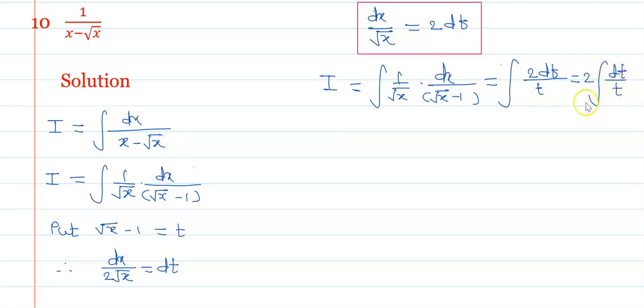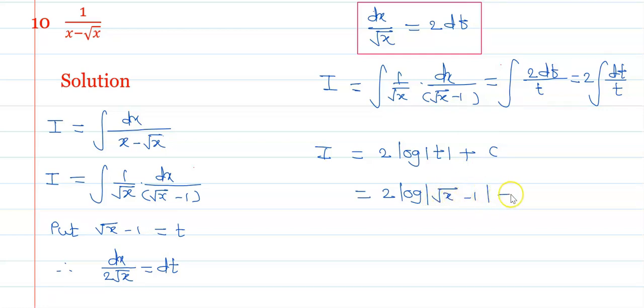dt upon t, and its integral is a standard result, that is 2 times log of mod of t plus c. Now resubstitute the value of t, that is 2 times log of mod of, what is that? t is root x minus 1, mod complete, plus c.